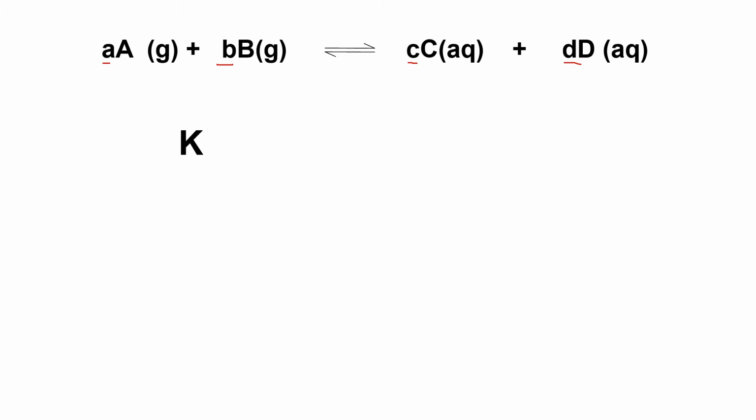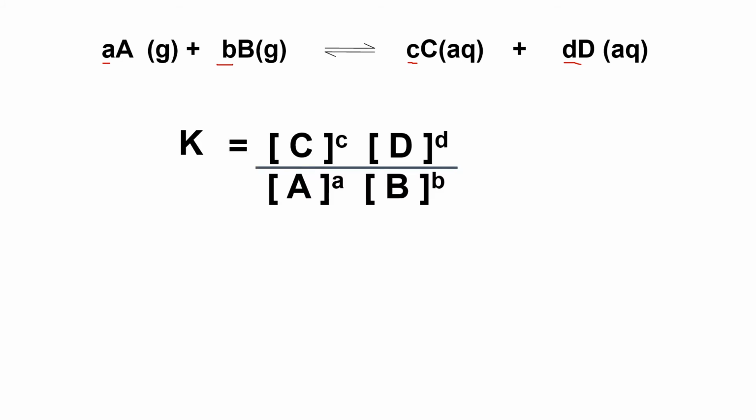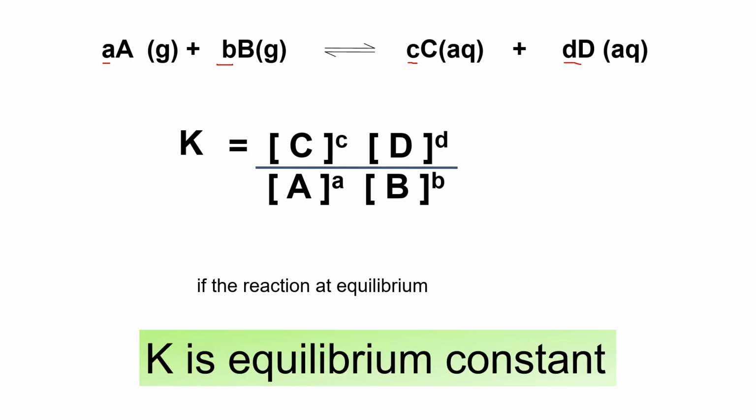According to the equilibrium law, the constant of this equilibrium system can be written as K equal to the concentration of C power of c, multiplied with concentration of D power of d, over reactant A power of a and reactant B power of b. And this system is at equilibrium, right? So, the constant here is called the equilibrium constant.